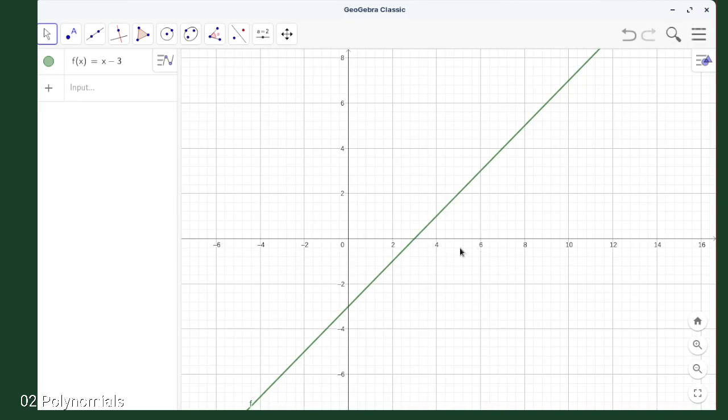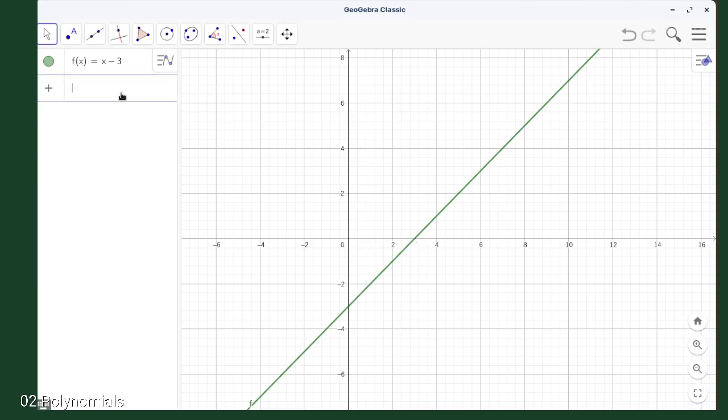This is the x-axis and this is the y-axis, and exactly at x equal to 3 it intersects the x-axis. That makes me come to the conclusion that the zeros of the polynomial are wherever it intersects the x-axis. That is absolutely true, but we will also verify it with something else.